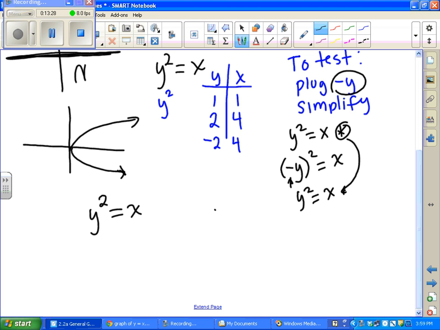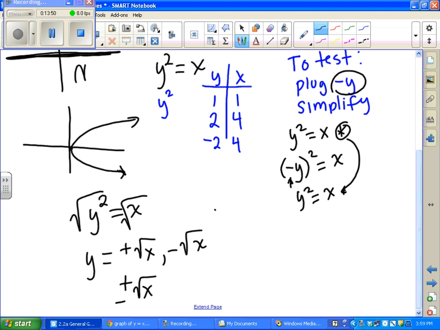In order to do that, I would take the square root of both sides. Since I'm the one introducing the square root symbol, I have to consider both the positive and the negative values. So what is the square root of y squared? Well, it's y. And what's the square root of x? It's the positive square root of x, and it's also the negative square root of x, which we usually write as plus or minus the square root of x. Okay. So up here, that's what our graph is going to look like.